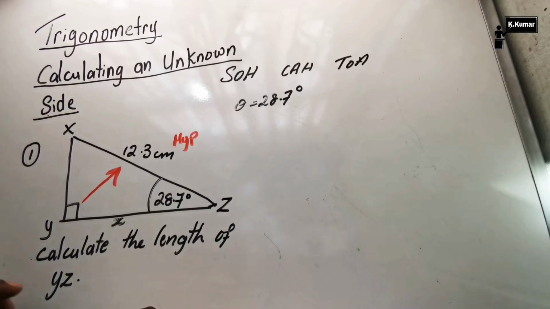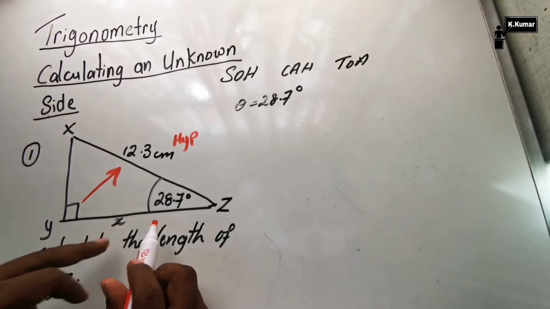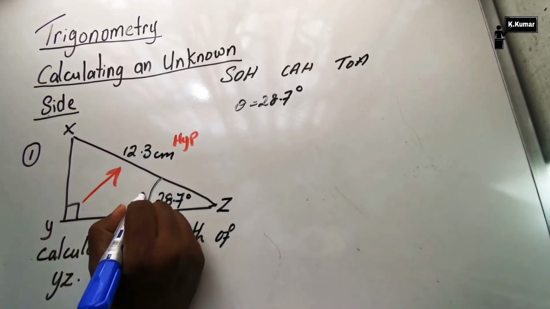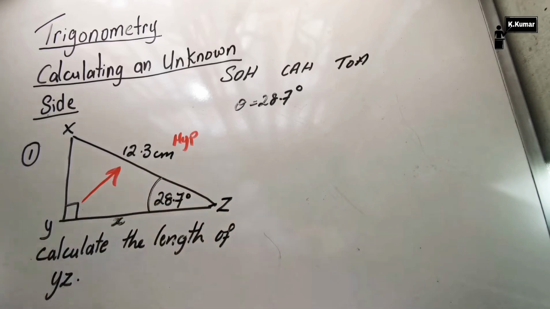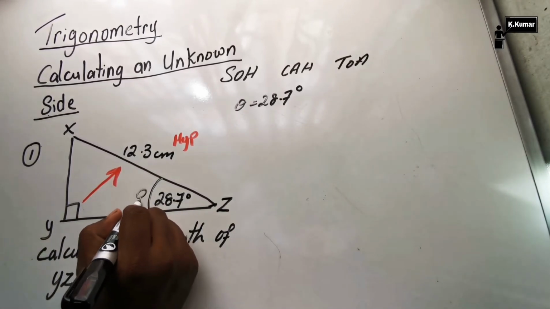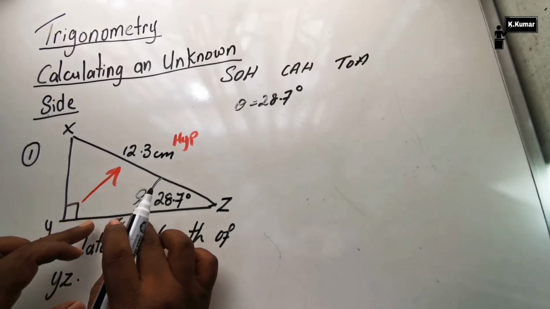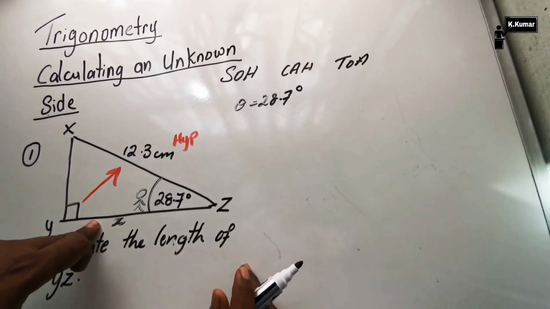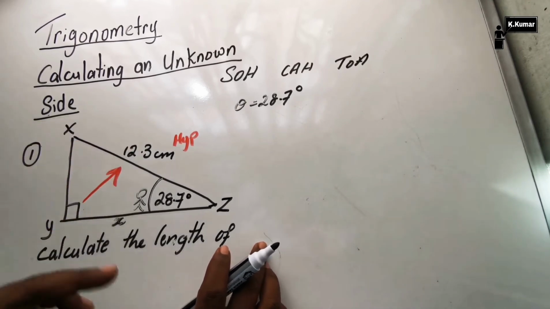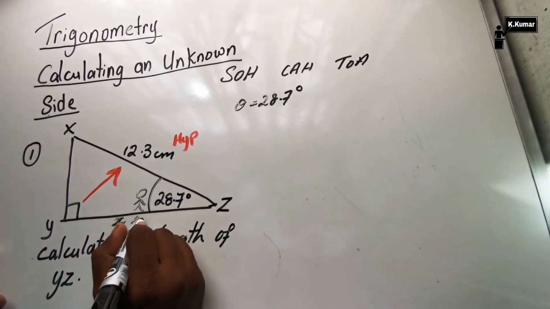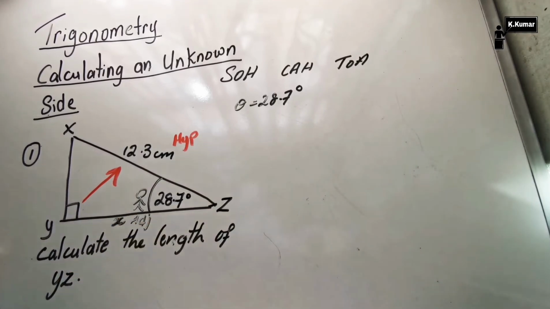And this side, denoted by x, is the side next to this angle. If we draw a little person here, the side that is next to them is what we usually call the adjacent side.